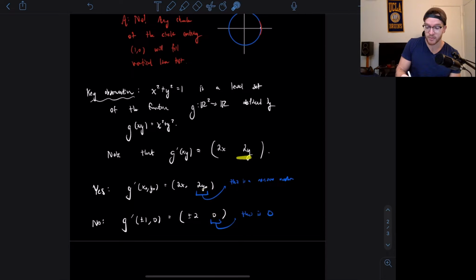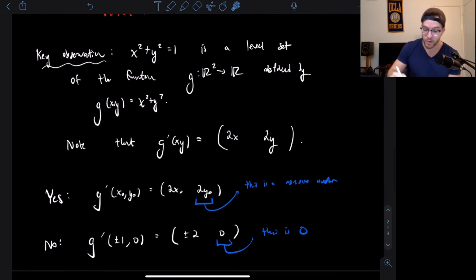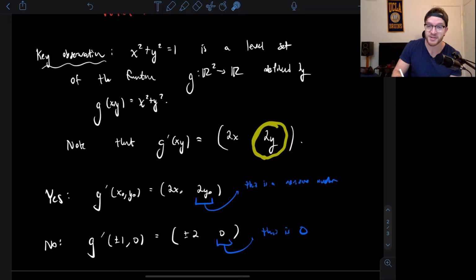When this second number is non-zero, that's indicating that the tangent line can be solved as the graph of a function y in terms of x. And when this number is 0, we have some vertical tangency. Turns out that the generalization that we're going to look for in the implicit function theorem is this: what we really want to be thinking about is when this matrix, so this is a 1 by 1 matrix, which is a number, but it's a matrix, when this matrix is invertible, the answer is yes.